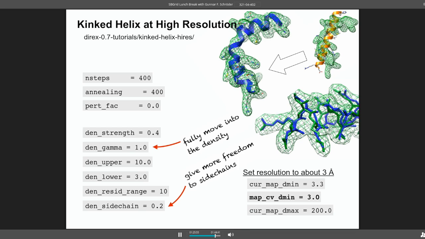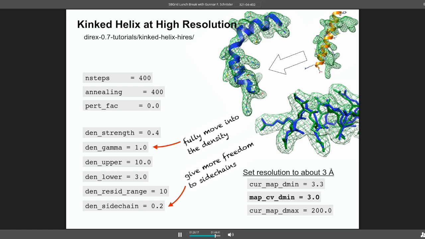So you can make your side chains more mobile if you lower this number. We set this to 0.2 here. That means the forces on the DN restraints are scaled by a factor of 5, and they are weaker by a factor of 5 than those in the backbone.